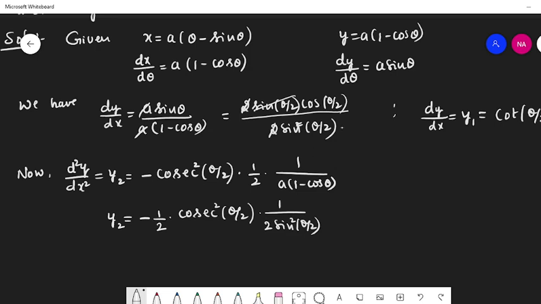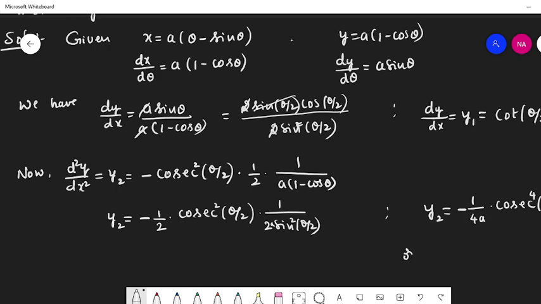But 1 by sin square of theta by 2 is cosecant square of theta by 2. So y2 will be minus 1 by, here a is missing, right? Yes, minus 1 by 4a into cosecant power 4 of theta by 2.